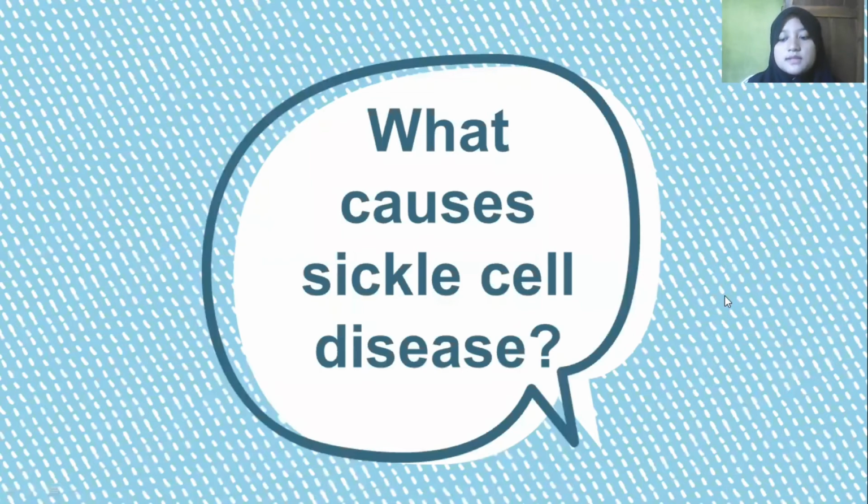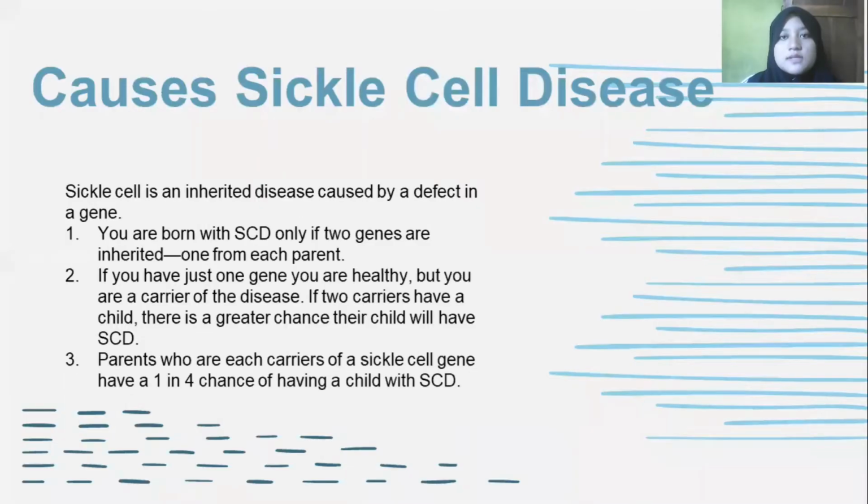What causes sickle cell disease? Sickle cell is an inherited disease caused by a defect in a gene. 1. You are born with SCD only if two genes are inherited, one from each parent. 2. If you have just one gene, you are healthy, but you are a carrier of the disease.